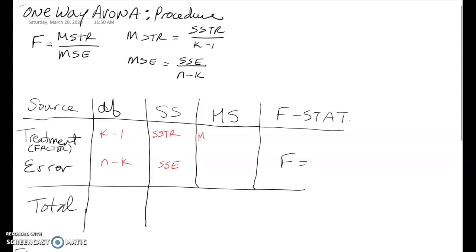So this one is MSTR, which of course is your SSTR divided by k minus 1. And MSE is SSE divided by n minus k. And your F test statistic is MSTR divided by MSE. Okay?